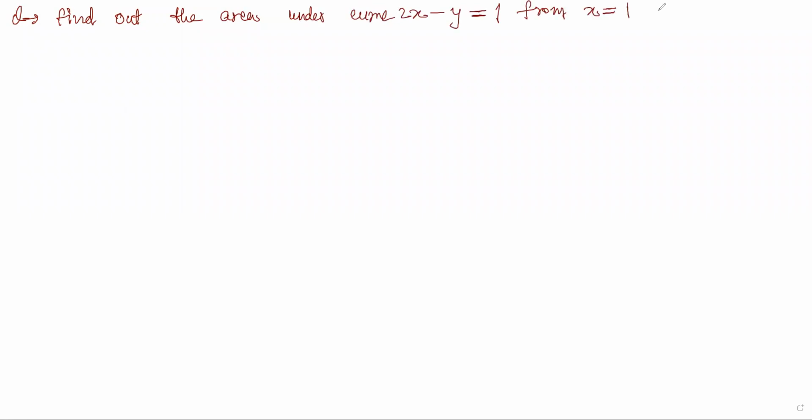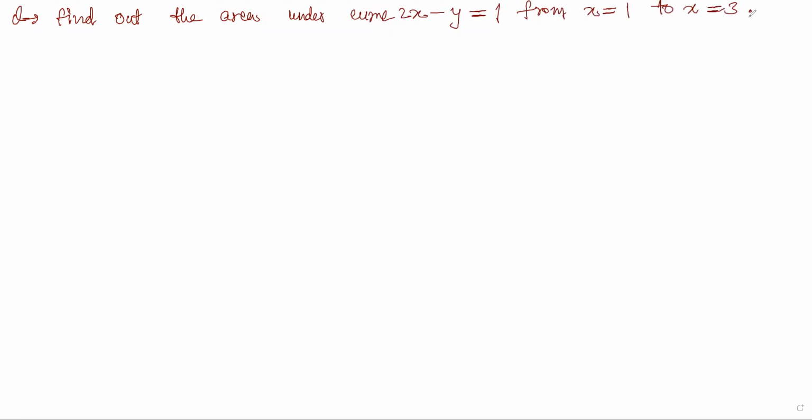So the question is, find out the area under the curve 2x minus y equals 1 from x equals 1 to x equals 3.